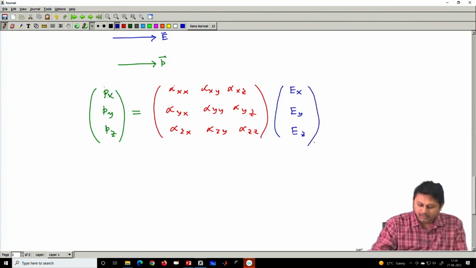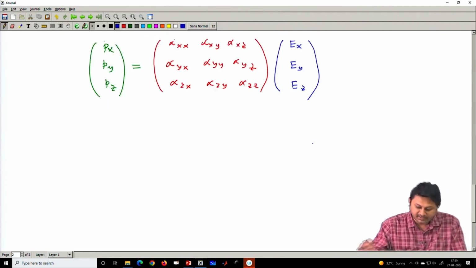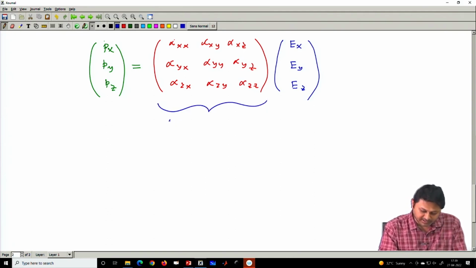So alpha is simply the polarizability tensor. This quantity is called the polarizability tensor.